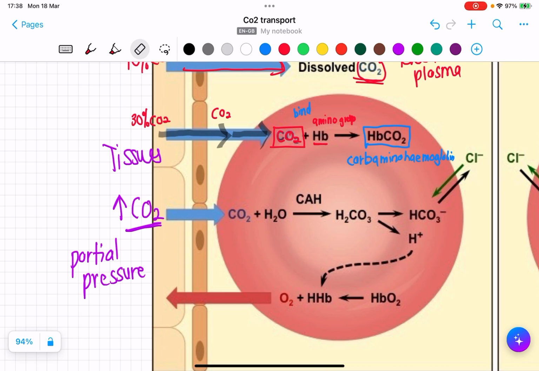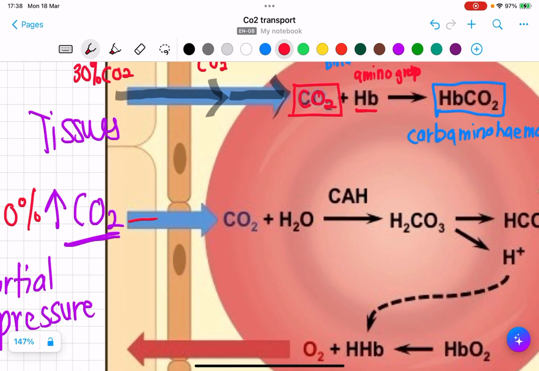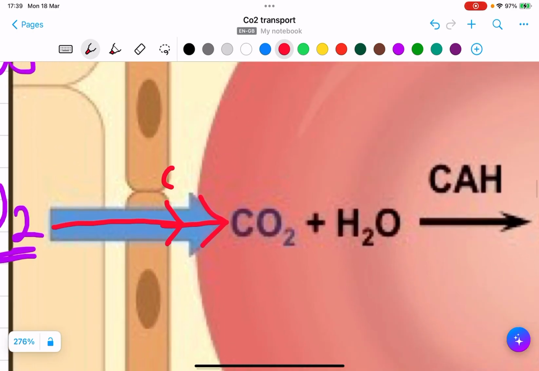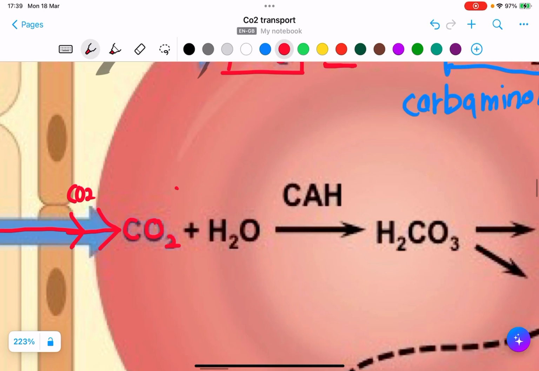So again, partial pressure CO2 dalam tisu tinggi. So kali ni 60% CO2 will enter the blood plasma. Masuk blood plasma dulu. Lepas tu baru enter red blood cell. Sama macam tadi. Mesti masuk blood plasma dulu, baru masuk red blood cell. So CO2 tu duduk kat sini sekejap, lepas tu baru pergi sini. Once it enter the red blood cell, it's going to combine with water.